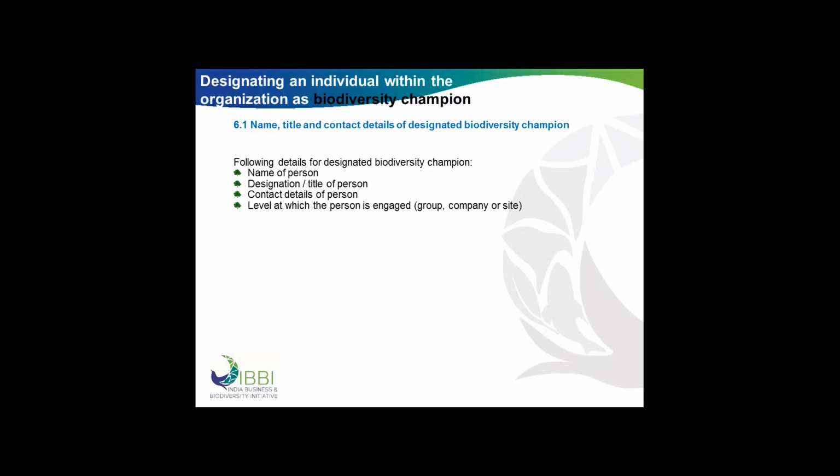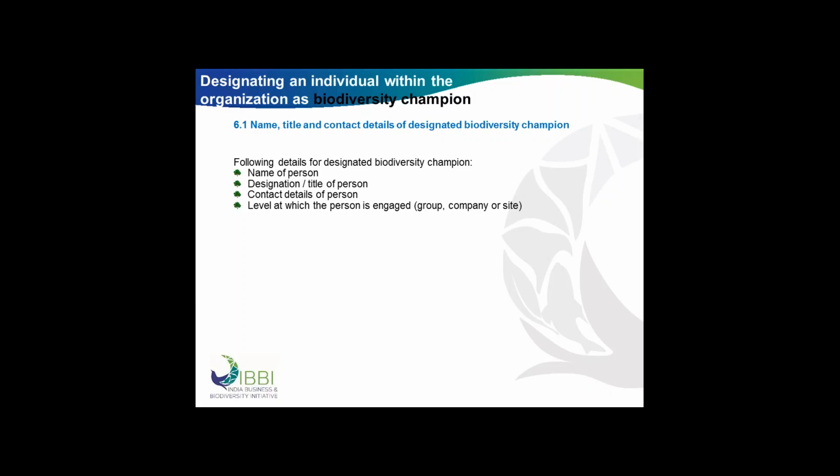Maybe the company can go for a single person for an organization, or they can also nominate more persons based on various small projects or site locations. So what is the importance of this person? The person will be a single point contact for all biodiversity related issues.